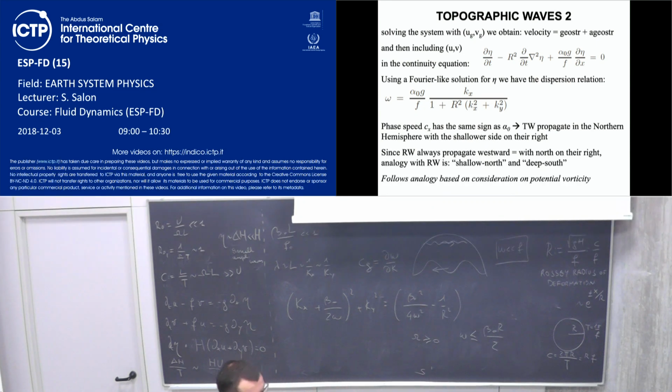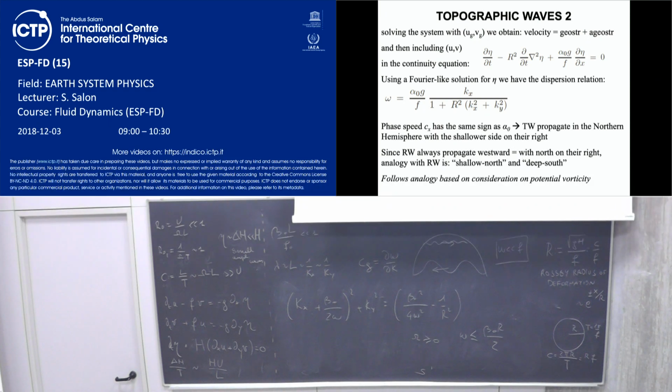So there is a strong analogy between the planetary and topographic effect, and also the dispersion relationship is very similar. So again, we can find the expression kx over 1 plus s r squared k squared, but here we do not have minus beta 0 over f, but we have alpha 0 g over f.